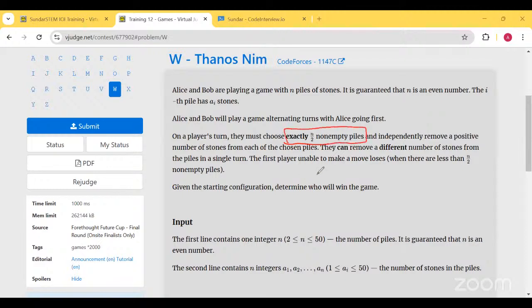So if the number of non-empty piles is less than n divided by 2, then that player lost the game. All right. Is it understood?